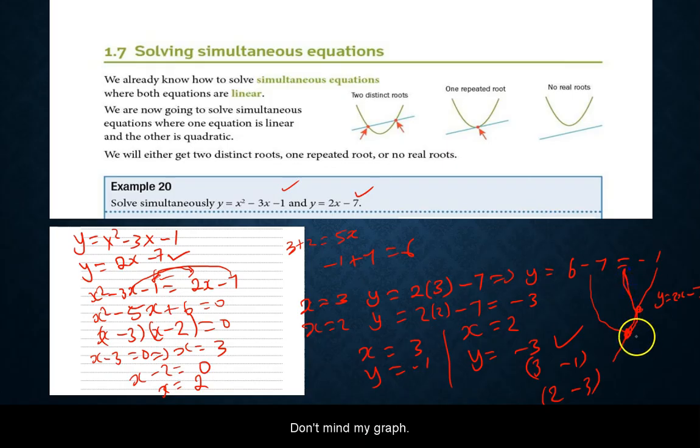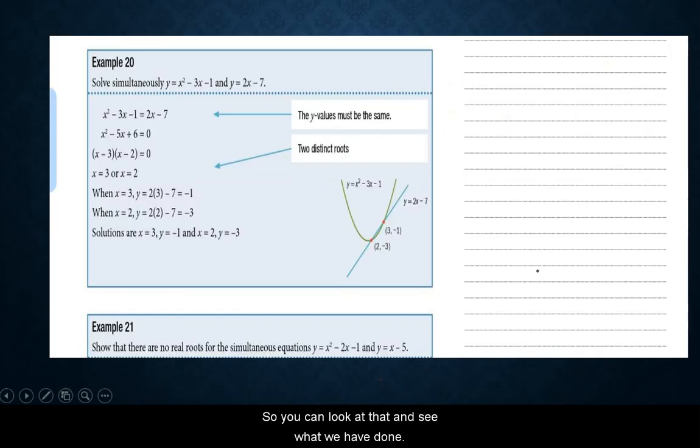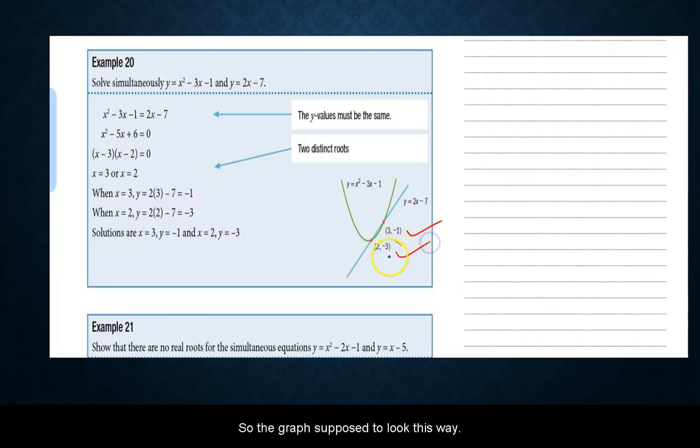Don't mind my graph. And that's it. That's what you are supposed to do. So you can look at that and see what we have done. We have x equal 3, y equal negative 1, x equal 2, y equal negative 3. So it means 2 distinct roots are given here after solving the equation.